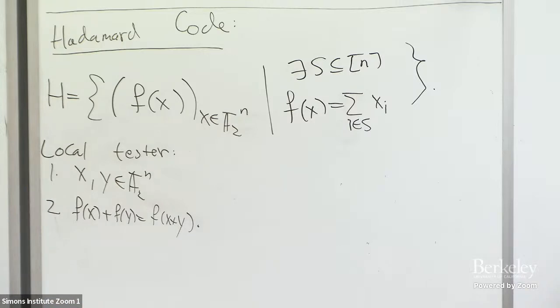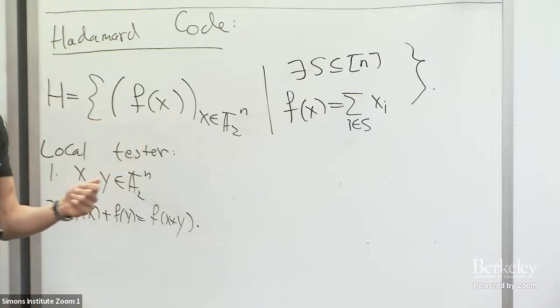In fact, you can easily see that this code is not going to have any 2-query tester, because for any 2 different X and Y, if you choose a random linear function, the values of f of X and f of Y are going to be independent bits. So there is not going to be any check that you can perform on them to distinguish something linear from something which is not linear.